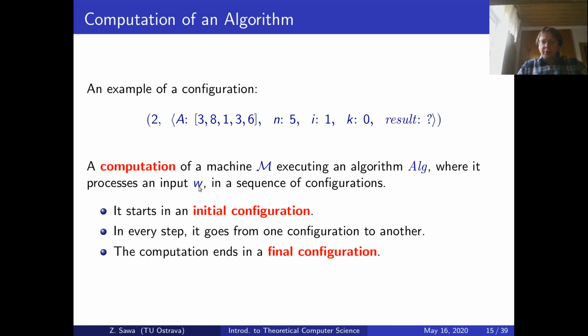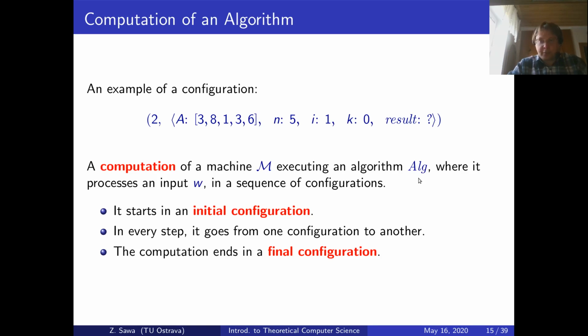So a computation could be viewed like a sequence of configurations where it starts with some initial configuration which depends on the input data W, and in every step the machine just goes according to this algorithm.